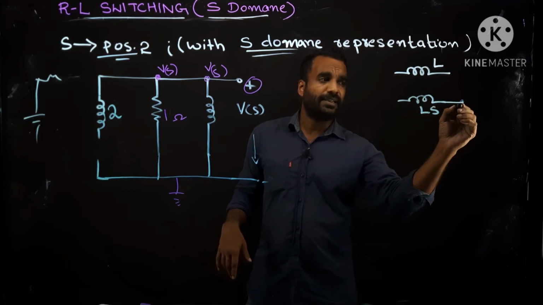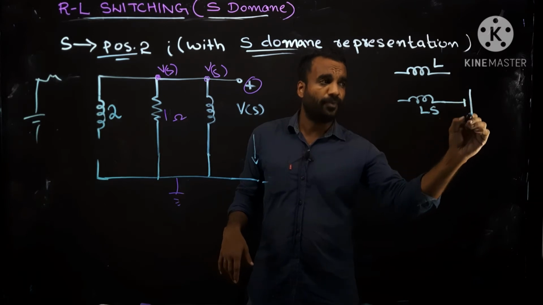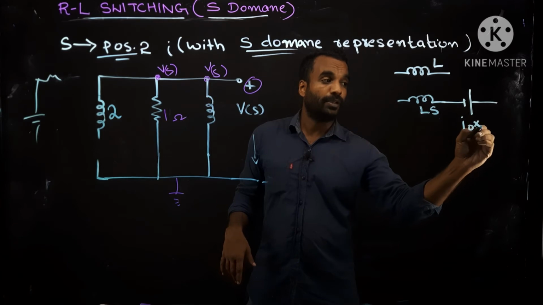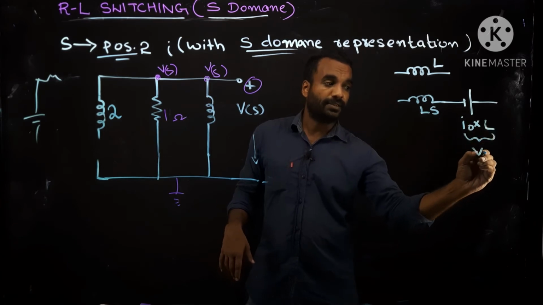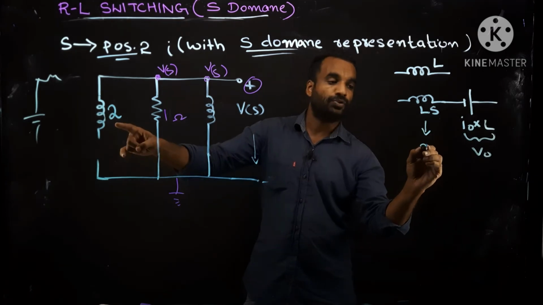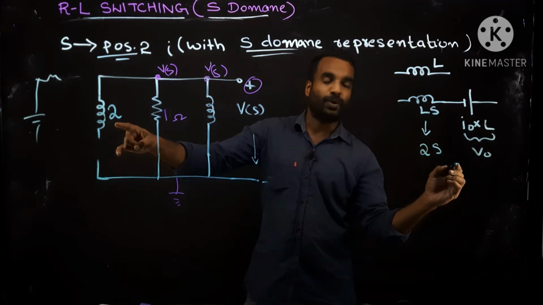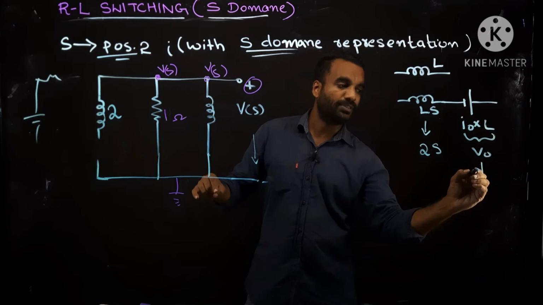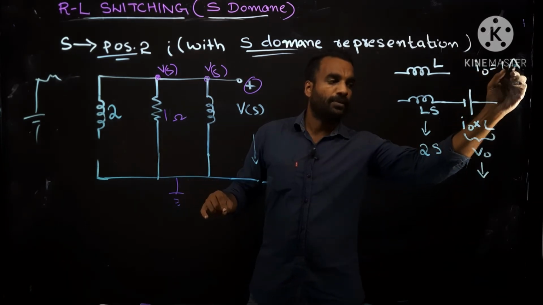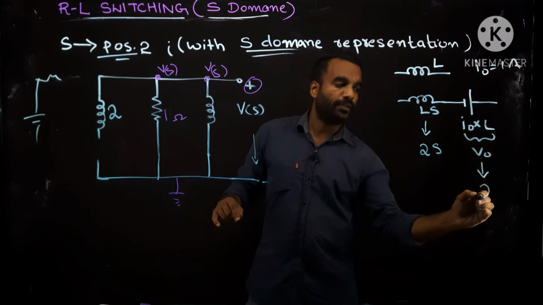And if there is initial current, we have to connect a battery with reverse polarity, and its value will be I0 into L. V0 is nothing but I0 into L. So in this example, inductor is 2, so we have to represent it as 2S, and its voltage source is, initial current I0 was 1 ampere, so 1 ampere into 2, it will be 2 volt.